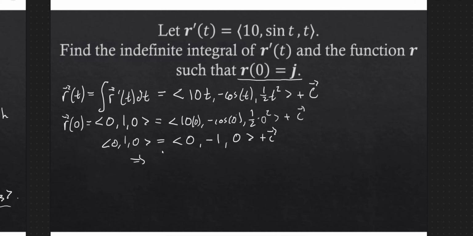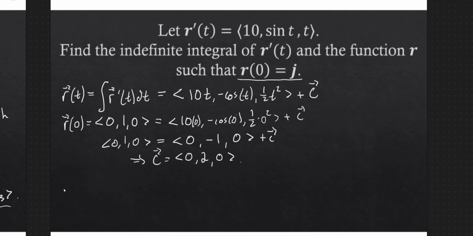So solving this vector equation, I could subtract this vector over. Subtract along the components: 0 minus 0, so c is 0 minus 0; 1 minus negative 1, that's 2; and then 0 minus 0.